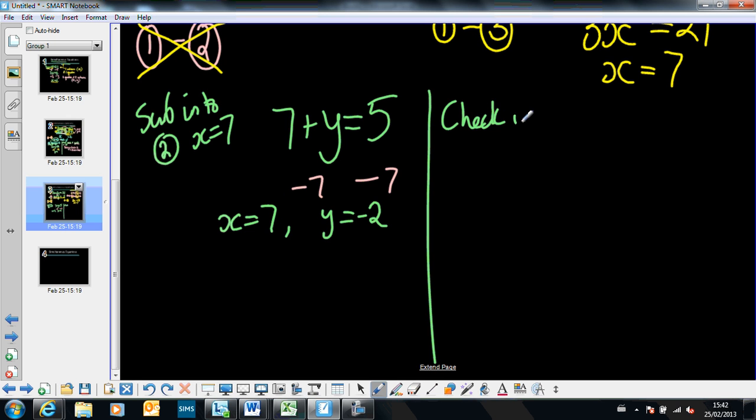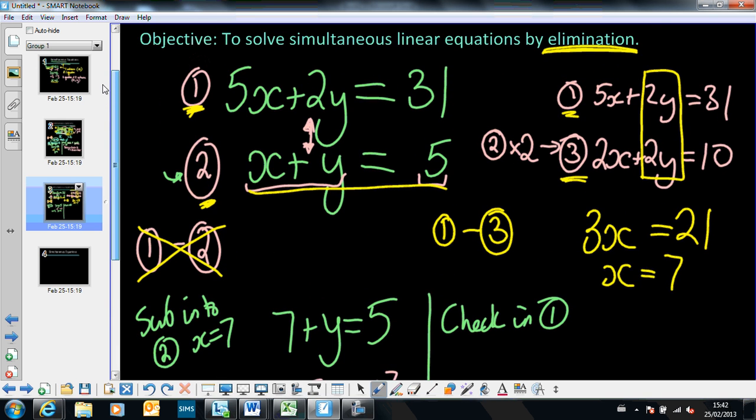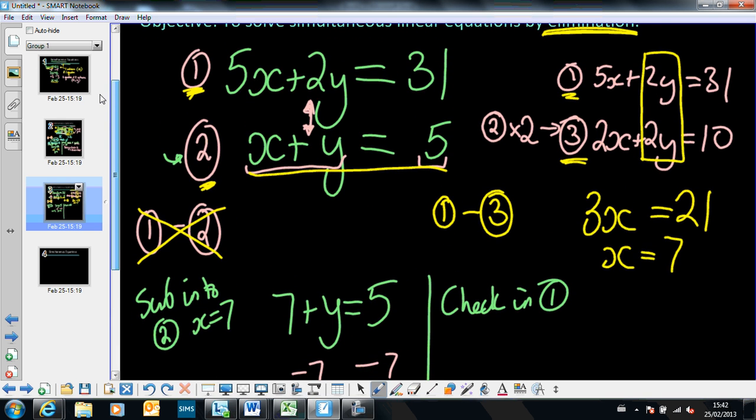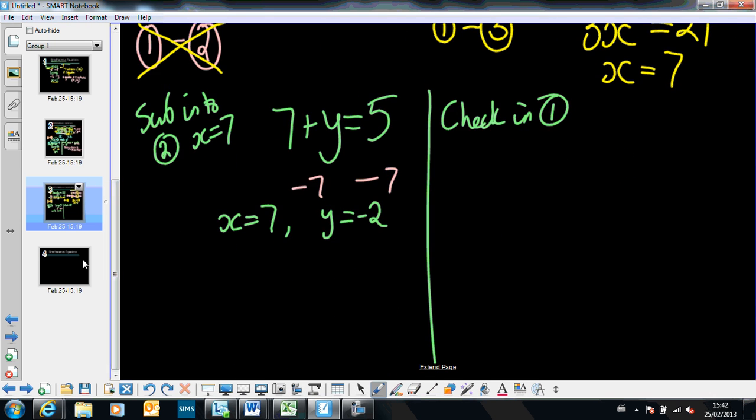Always do a check with these because it's so easy to make a mistake. I'm going to go back and check in equation 1: 5x plus 2y equals 31. So if I use x equals 7 and y equals -2, I do 5x plus 2y, I should hopefully get the answer 31.